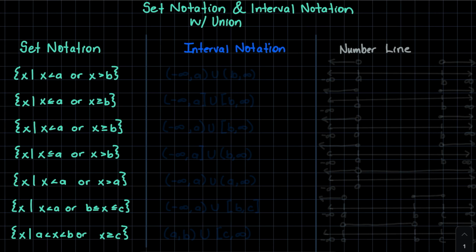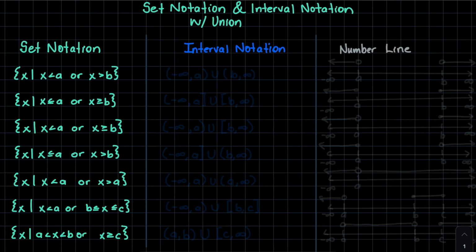All right, we're going to start off with some set notations, rewrite them in interval notation, and see what they look like on the number line. Then we'll go through some different examples. Our first example, we have x such that x is less than a or x is greater than b.